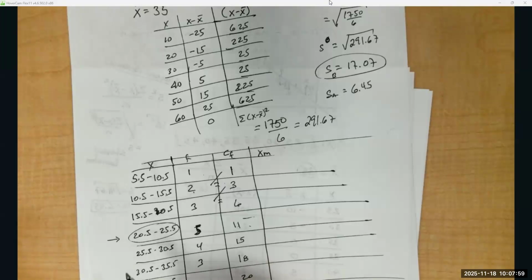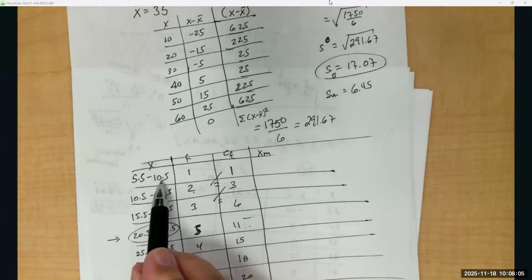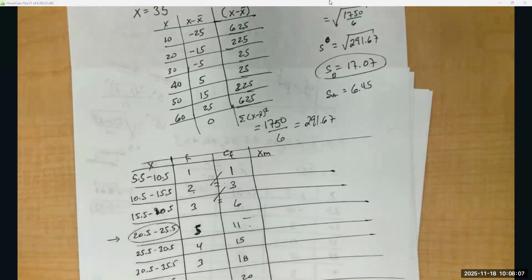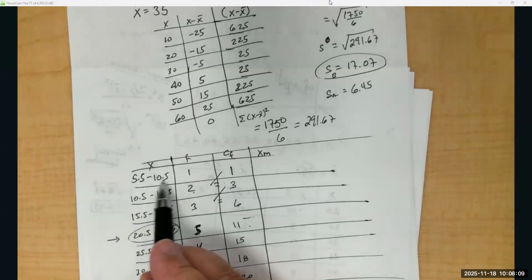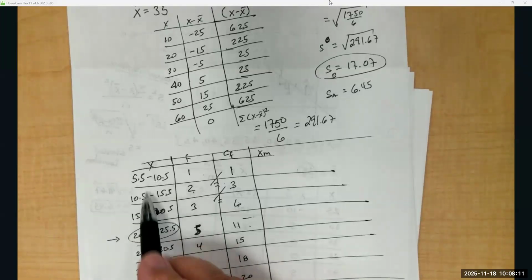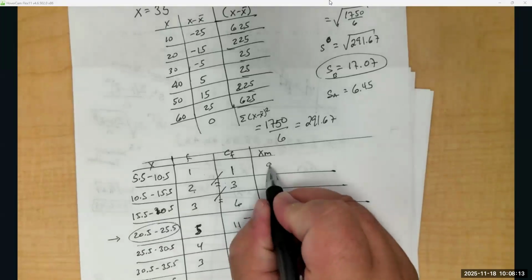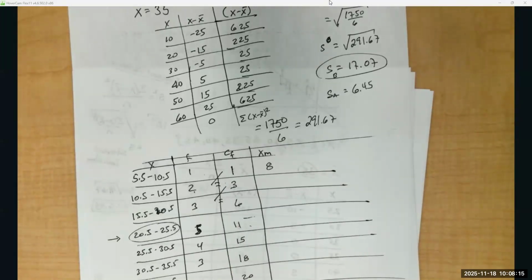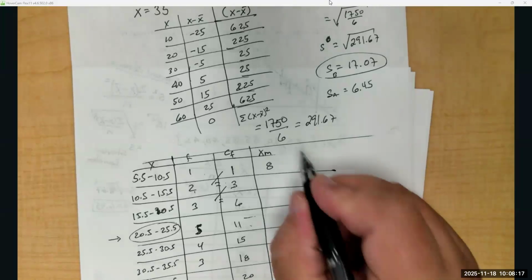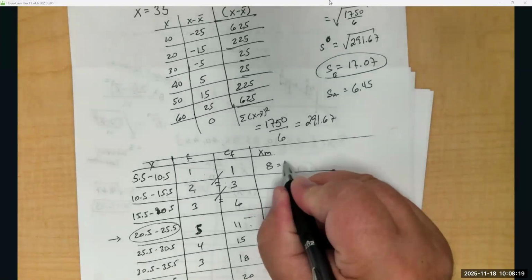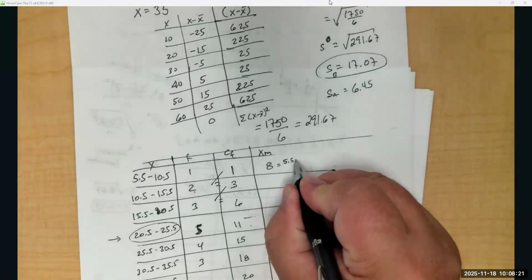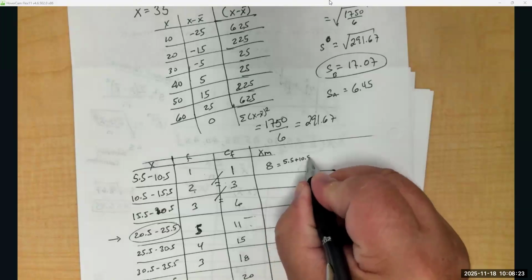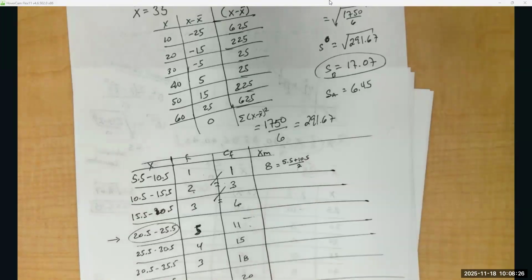How do you find midpoint? Add the two numbers and divide by 2. So we're looking at the average of those two numbers. So 5.5 plus 10.5 is 16, divided by 2 is 8.